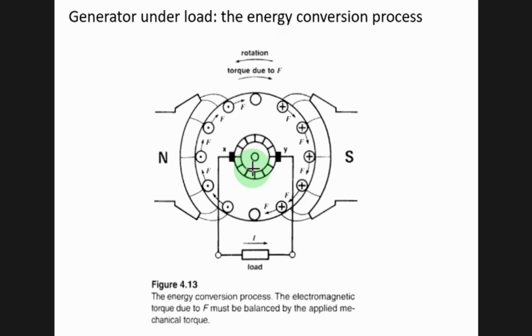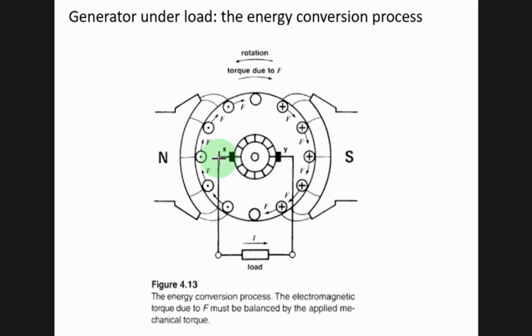When a generator is in operation, an EMF will be generated, but there will be no current going through the coil because the output is not connected to any load. But now if you connect a load, what will happen? A current will flow through the load, and the same current will flow through all the armature coils.